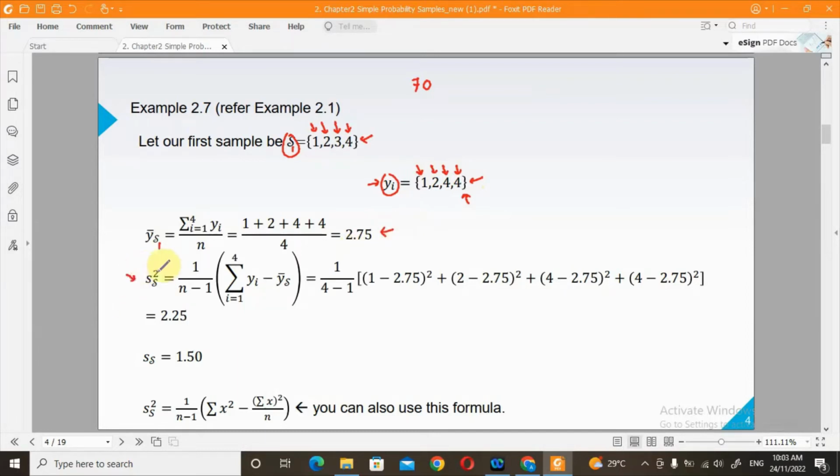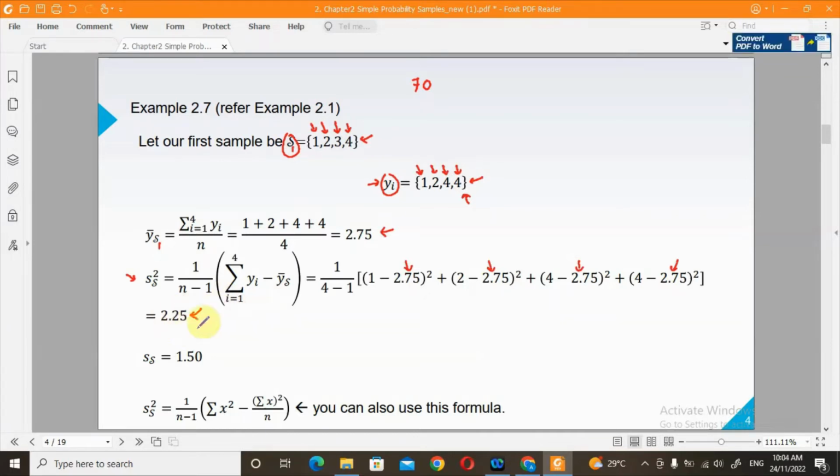You need the mean here to be able to calculate the variance, and by using the variance formula that we have discussed before, you can calculate the variance value. In this example, the variance for possible sample number 1 is 2.25.